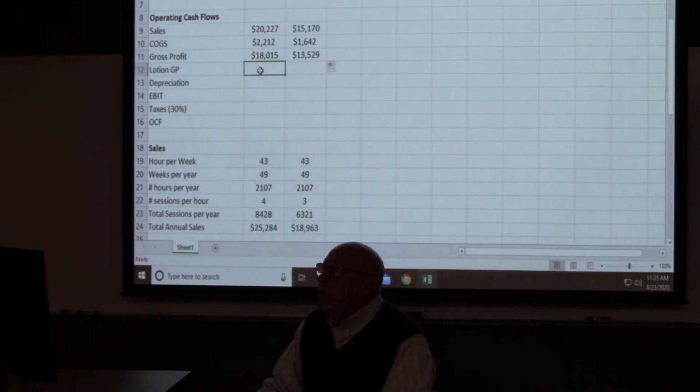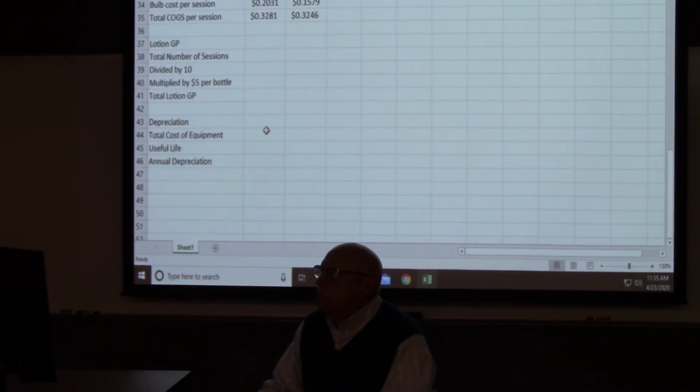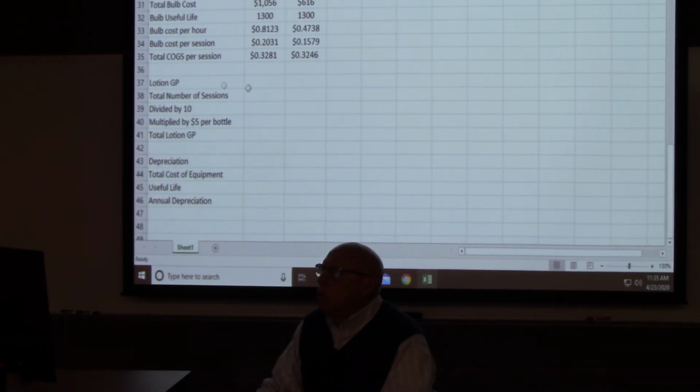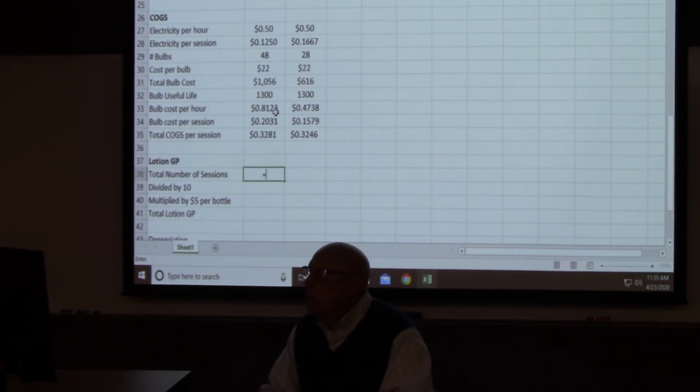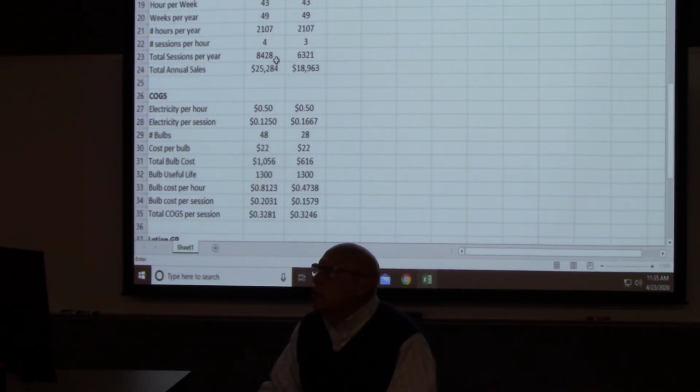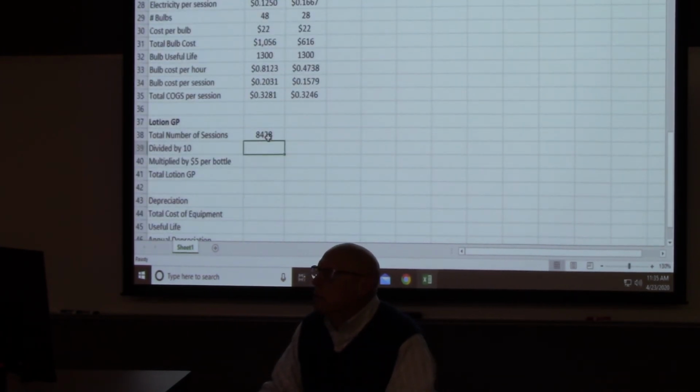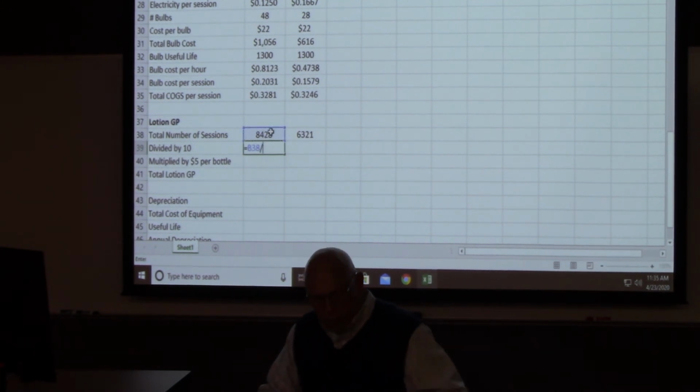Okay, now let's look at our lotion. We've already done this. So our lotion gross profit, the total number of sessions, is equal to that. And we're going to divide that by 10 because each bottle lasts 10 sessions. So equals this divided by 10.